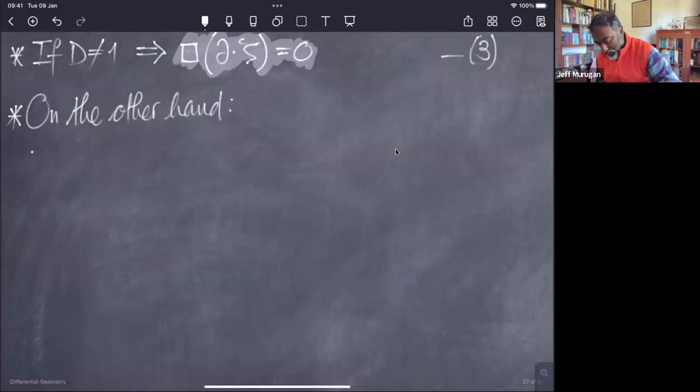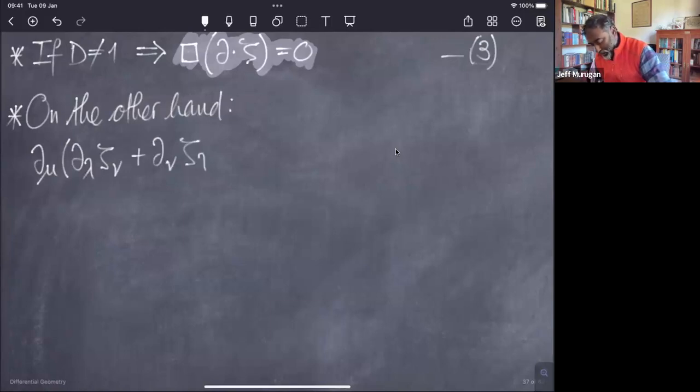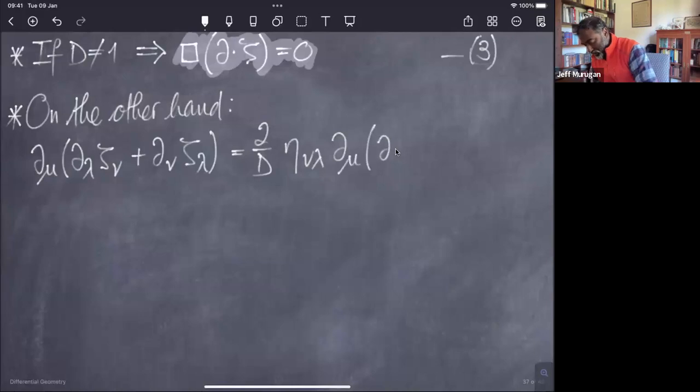So we found there that d mu of d lambda zeta nu plus d nu zeta lambda is equal to 2 over d eta nu lambda d mu d dot zeta.